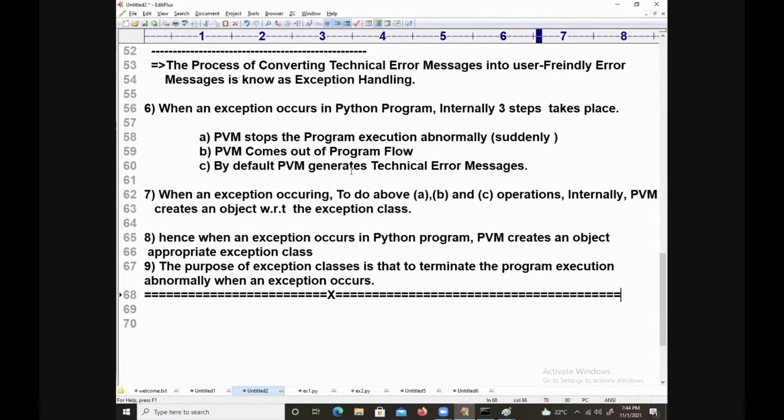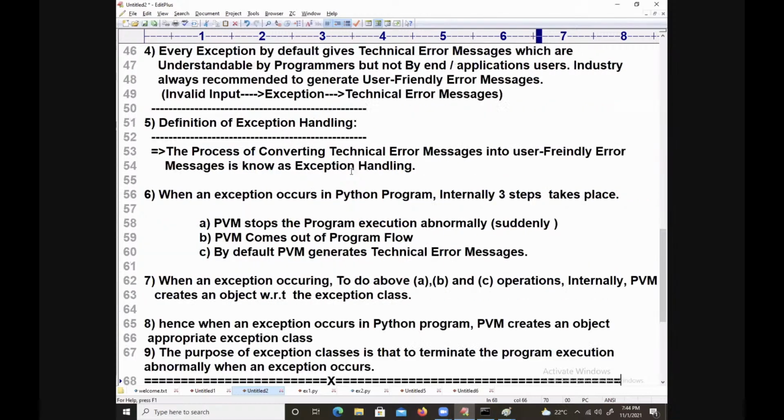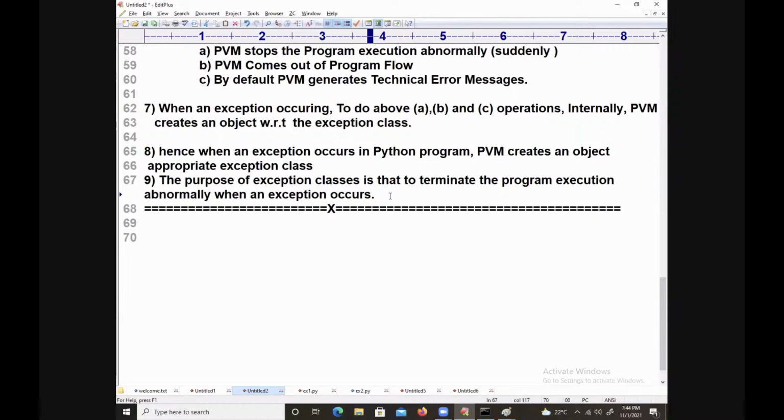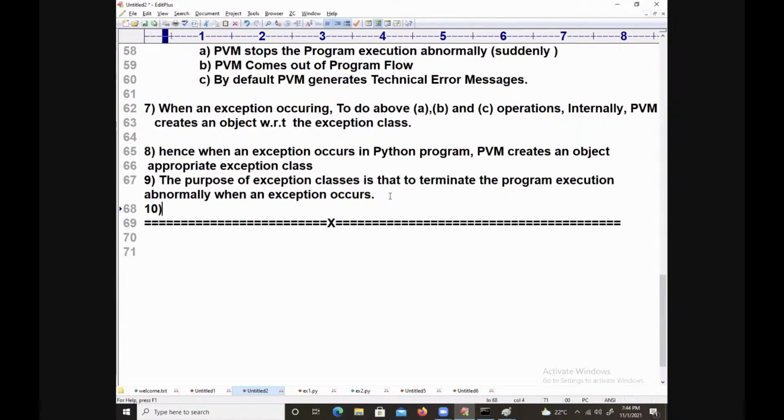These are very powerful points in my class. Once you know these 9 points, we can do anything. So last and final, 10th point.